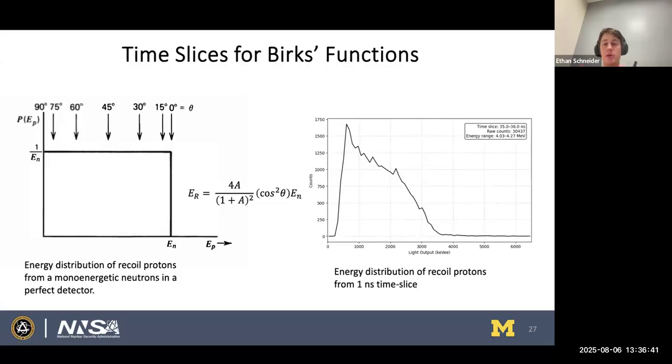And whenever we look at a single time slice, we get a similar distribution that's going to be more sloped. The reason we get this sloped shape is because it's not going to be quite monoenergetic. So this one on the right here is an energy range of 4.03 to 4.27 MeV. So that's an energy range of over 200 keV.